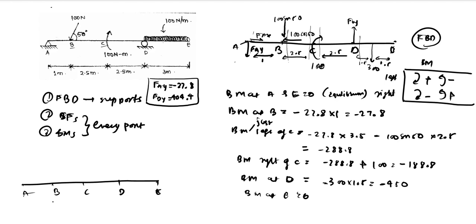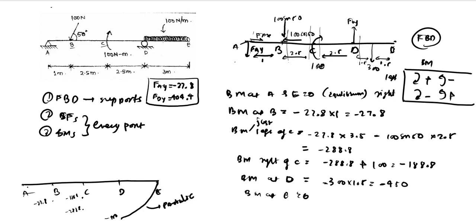At B we have minus 27.8. At left of C we have minus 288.8. And right of C we have minus 188.8. At D it goes to minus 450, and at E it goes to 0. And we know that the variation between D and E will be a parabola, because there is a UVL in between.